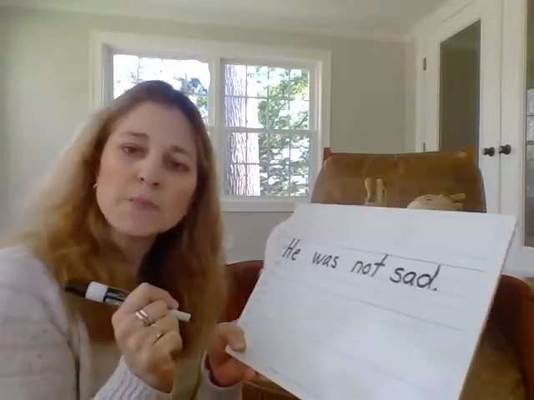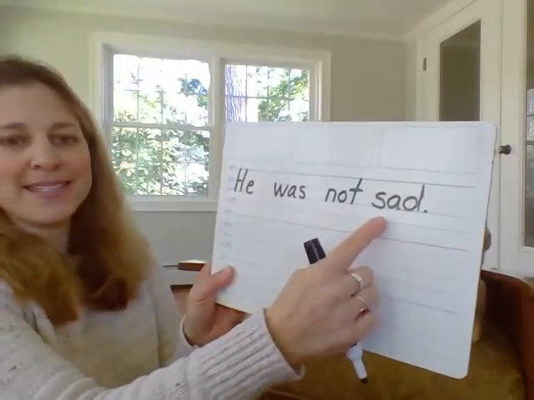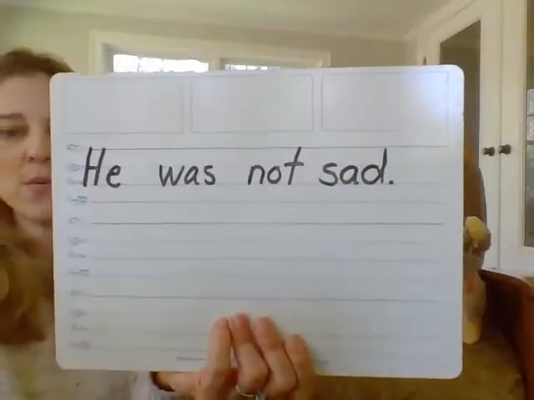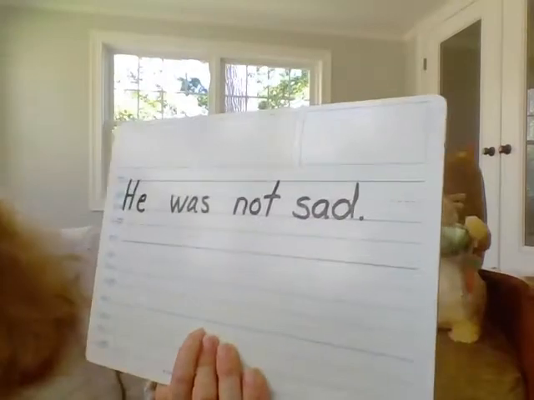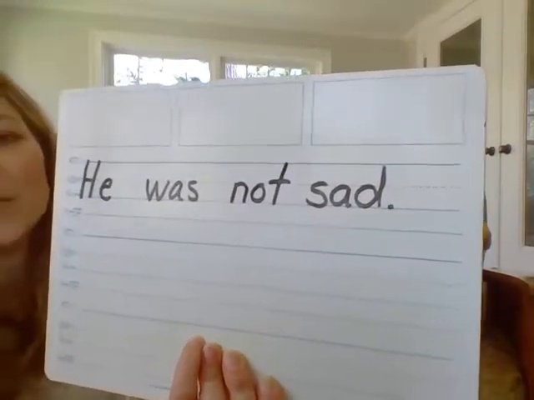I'm not sure on my B's and my D's, so I'm going to make my bed and look down, okay? B is at the beginning, the D is at the end. B-ed. He was not sad. Copycat, boys and girls. That means you do it. If you need to, you can pause the video. He was not sad.